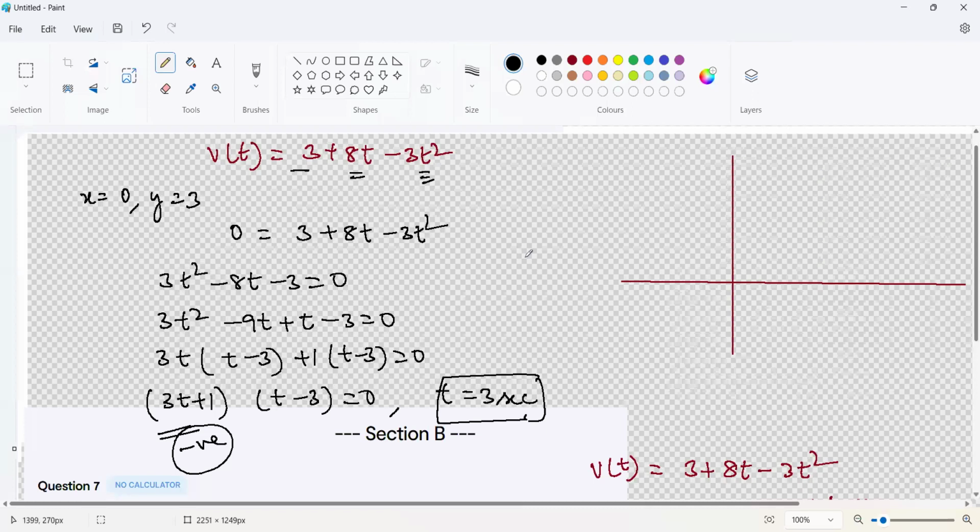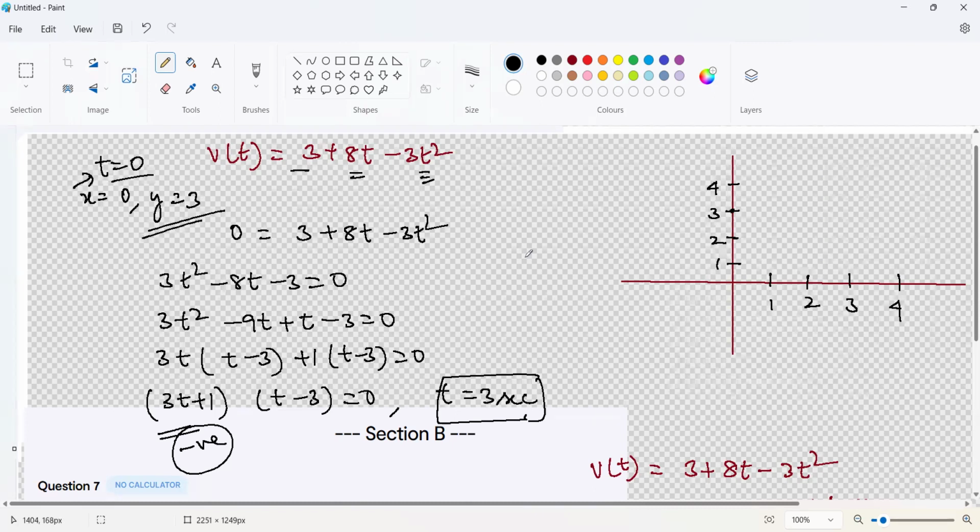So I will mark my points here. At x equal to 0, which actually means t equal to 0, the velocity is 3.